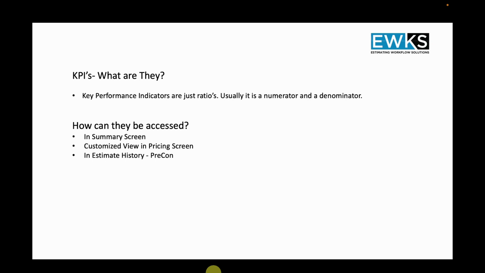Now, a third place, which a lot of our customers don't know about, and is probably one of the best places, is the estimate history in our Precon web app. We're going to discuss all of these features, but what we're going to do most in this particular video is look at setup of these KPIs.